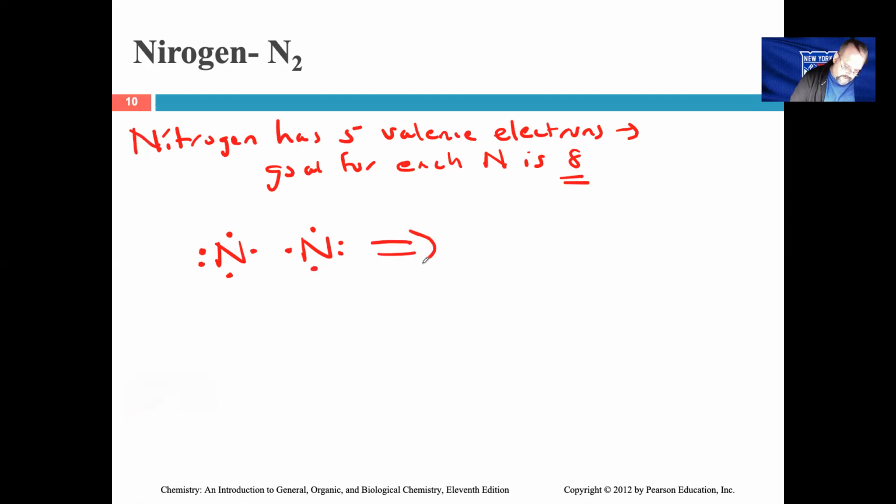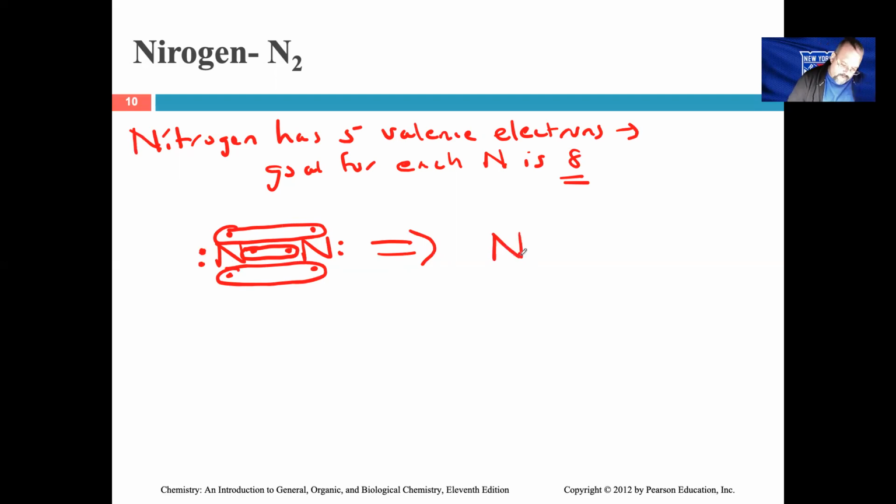For each nitrogen to go from 5 valence electrons to 8, not only are they going to share 1 electron each, 2 electrons total, not only are they going to share 2 electrons each, 4 electrons total, but they are actually going to share 3 electrons each, 6 electrons total.